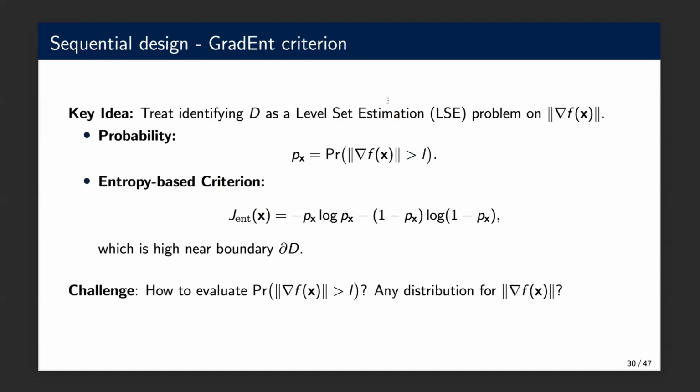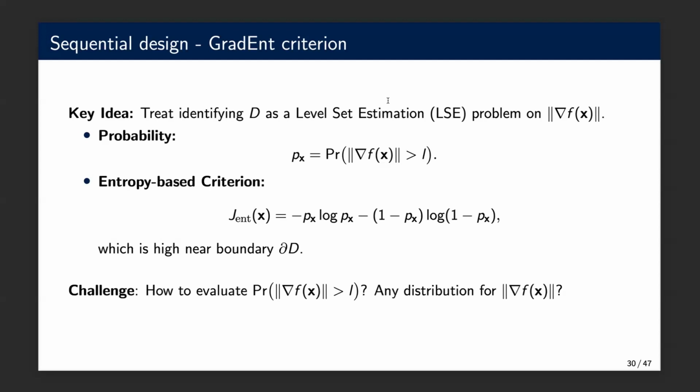Our key idea is to treat identifying D as a level set estimation problem, not on the function, but on the norm of the gradient. In existing level set estimation problems, they target the level set of the function value itself, which has a different purpose from ours.